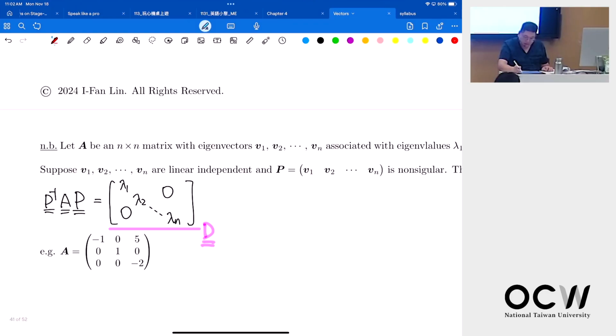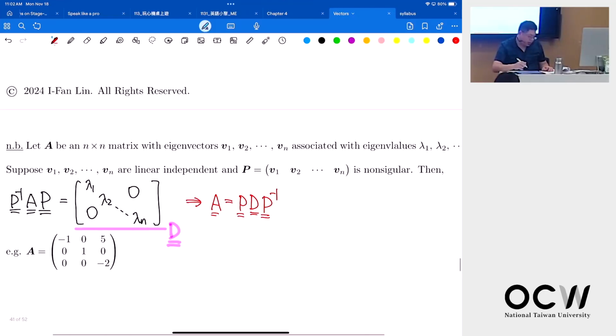For this diagonal matrix, P inverse AP equals D. In other words, I can express A as P D P inverse.